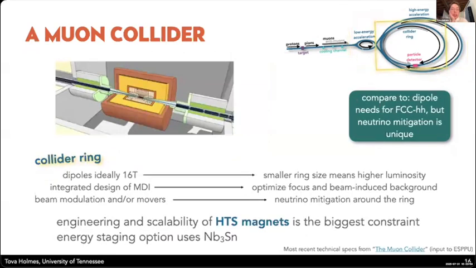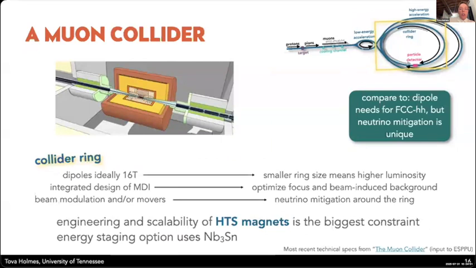Okay, then once you get to the collider ring, we're trying to shrink this collider ring as small as we possibly can so we can collide the muons as many times as we can before they decay, again, to increase the luminosity. So you need dipoles, ideally at 16 Tesla, although there's some flexibility on this depending on what your target is. You need integrated design of the machine detector interface because you really need to both optimize focus for that luminosity and minimize the beam-induced background that's going to be flying into your detector.